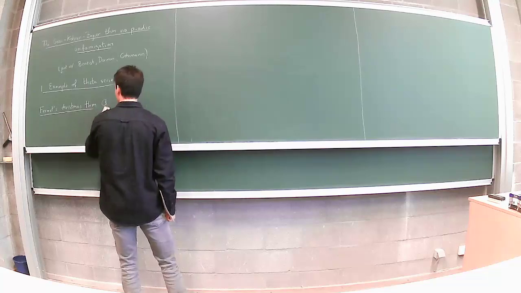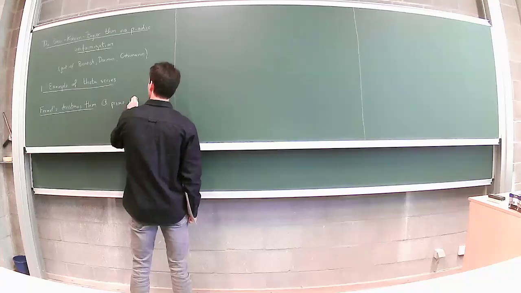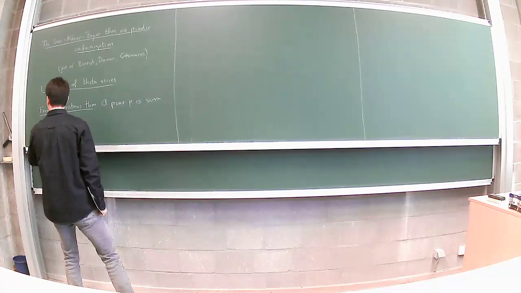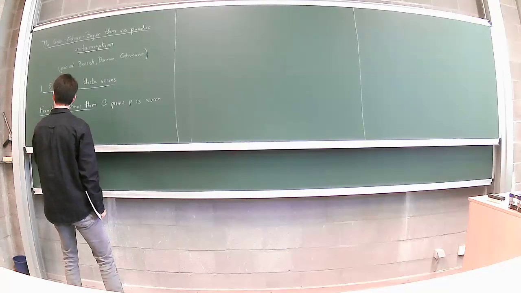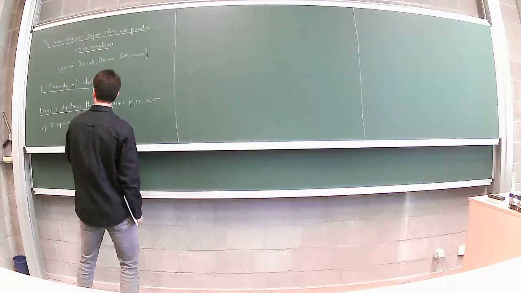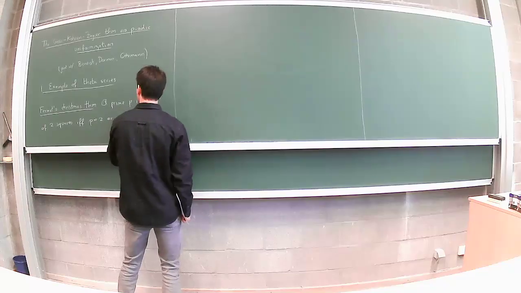So probably you have seen it. It says that a prime p is the sum of two squares if and only if p is equal to 2, or p is congruent to 1 mod 4.